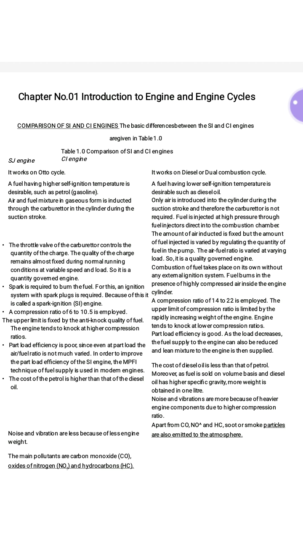Next difference is, in an SI engine, the air and fuel mixture, called the charge, in gaseous form is inducted through the carburetor into the cylinder during the suction stroke.